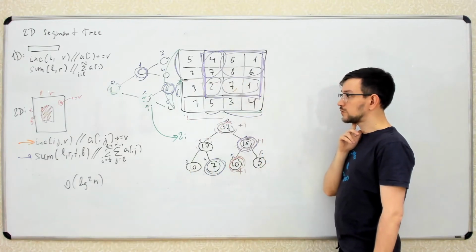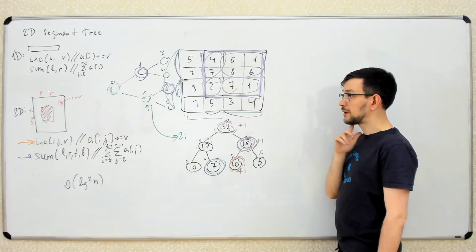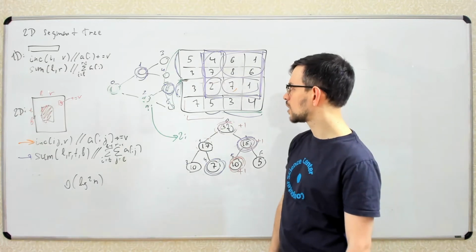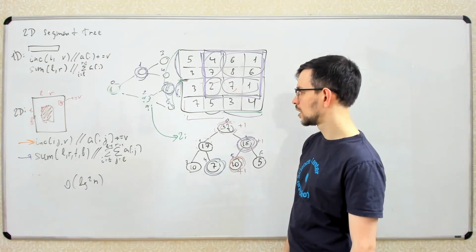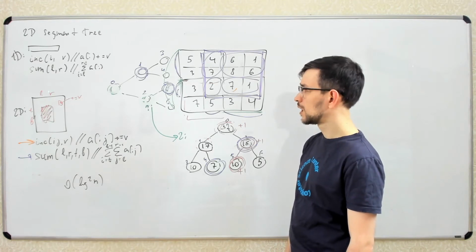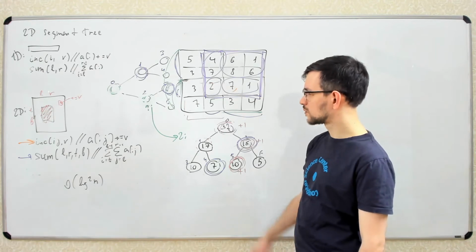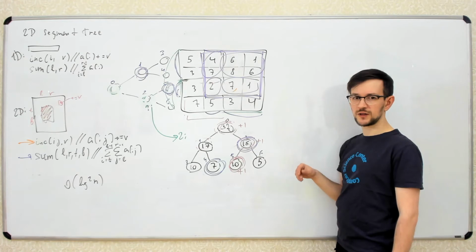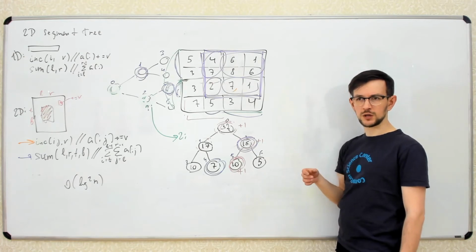Can you make this in implementation? I think you can, kind of. I don't know the best way to implement this. I think you make some code for the segment tree and then put a segment tree inside of the segment tree.